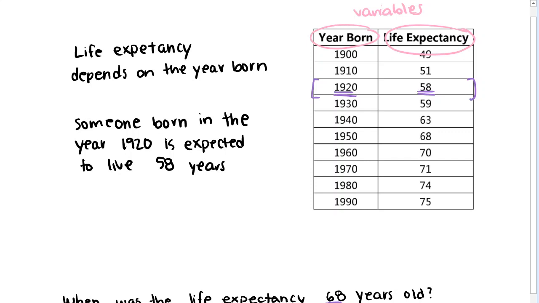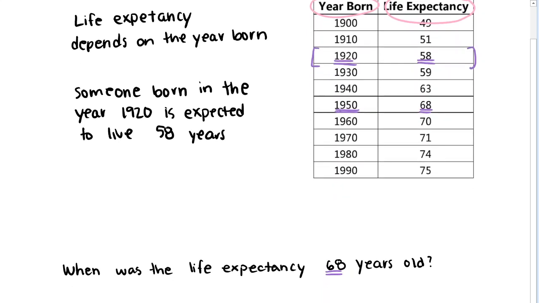Well, that's here on this table. And so what year would a person have to be born? Well, that would be in 1950. Right? So if a person was born in 1950, based on this table, they're expected to live 68 years total on average.